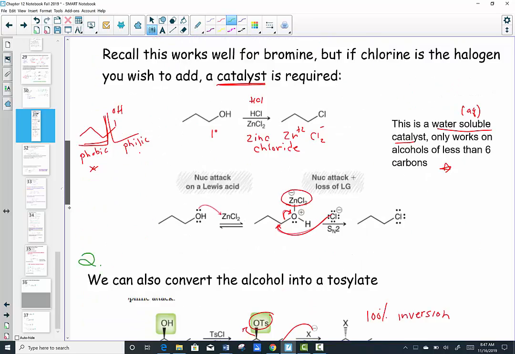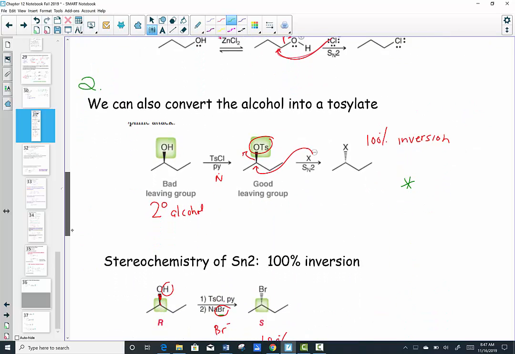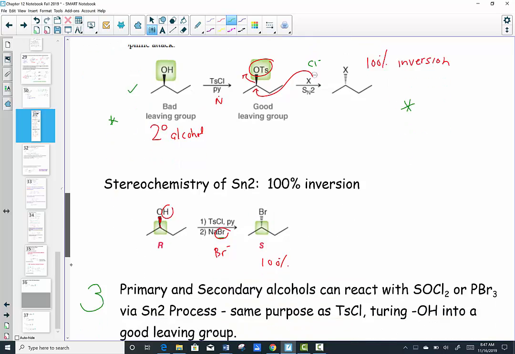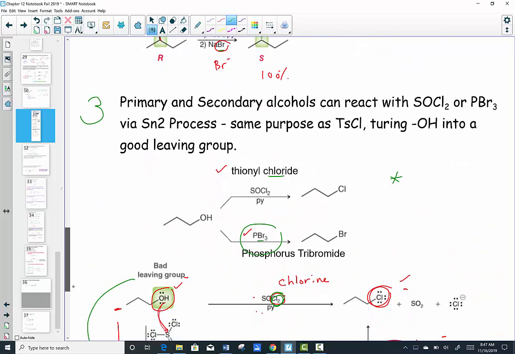What about going down further and finding those SN2s for a secondary alcohol delivering a chlorine? Well, this certainly looks like it would work. We could use a tosylate compound in a workup of pyridine and deliver a chloride as the substitution. There's another good choice. Keep looking down. To deliver a chlorine, we could also choose the thionyl chloride in a workup of pyridine.